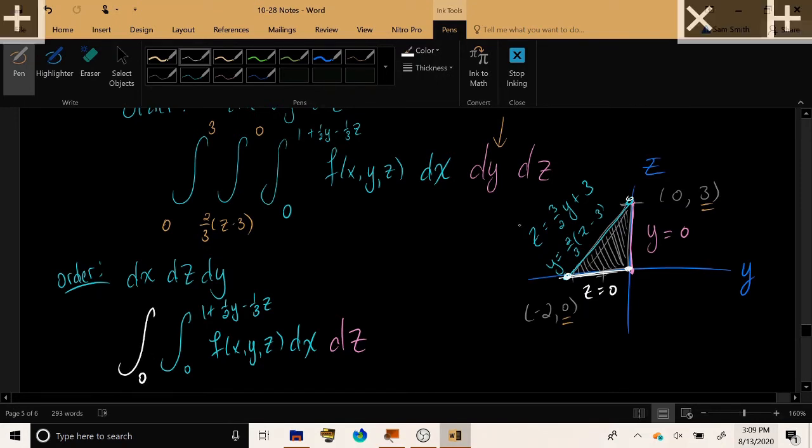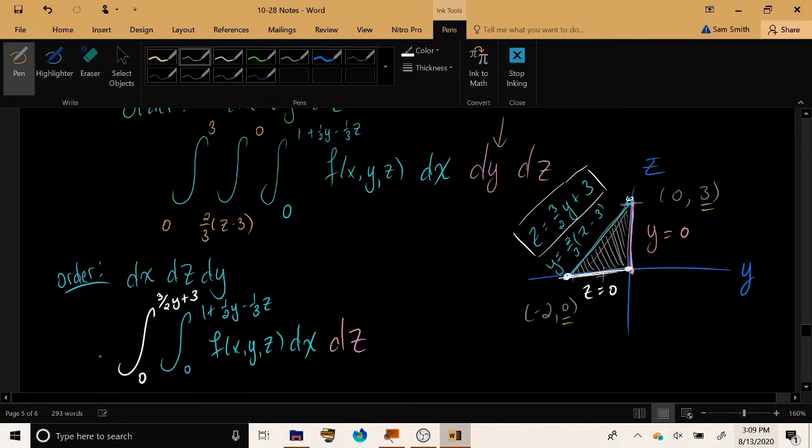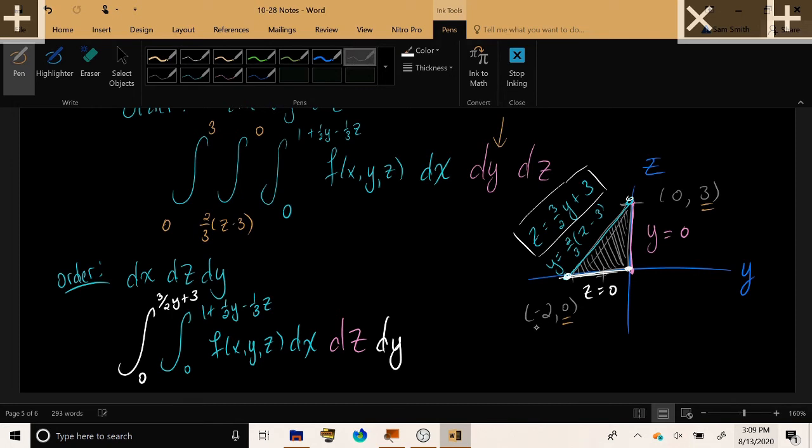And on the top we have the slanted line with the equation that we found before, 3/2 y plus 3. And this is valid for y coordinates stretching from, at the lowest, -2, to the highest, 0.